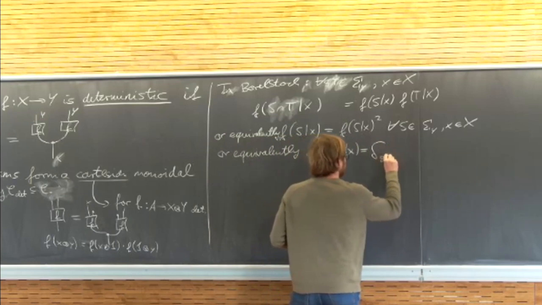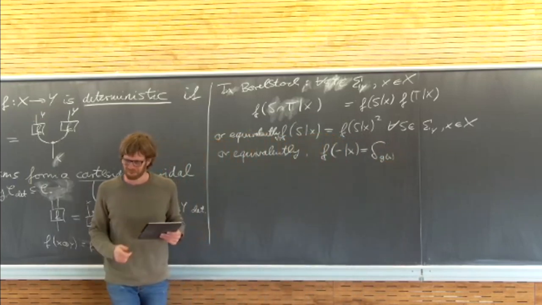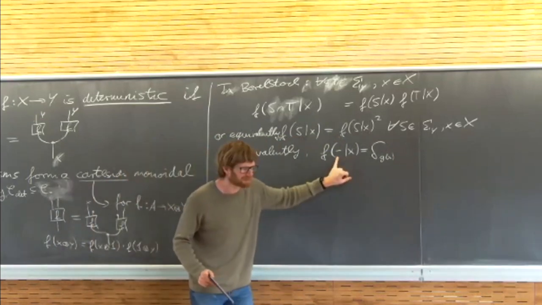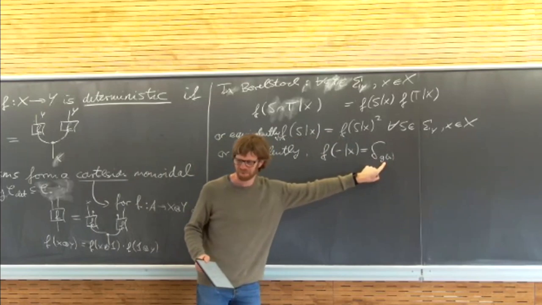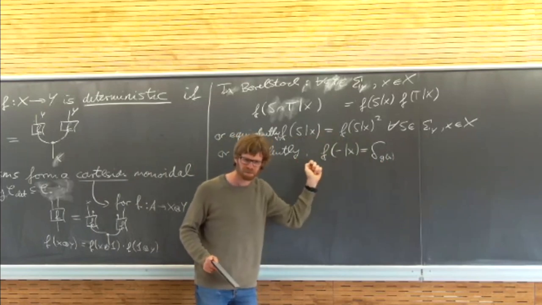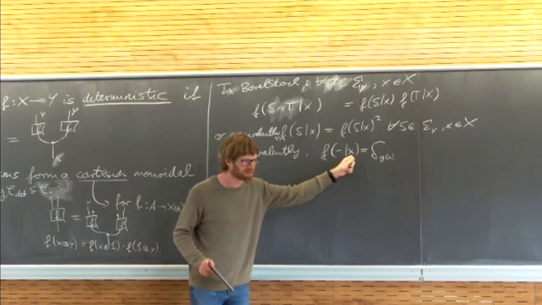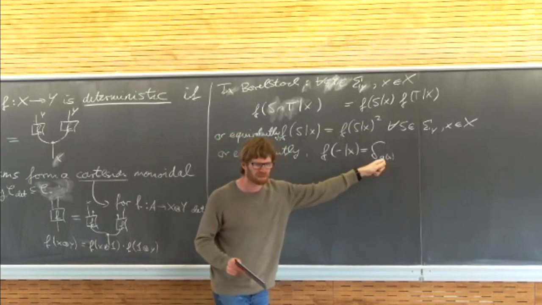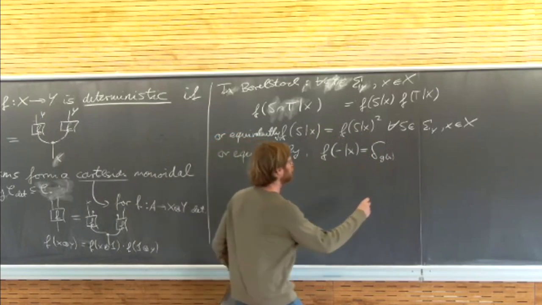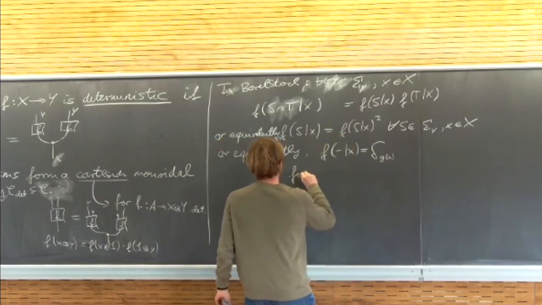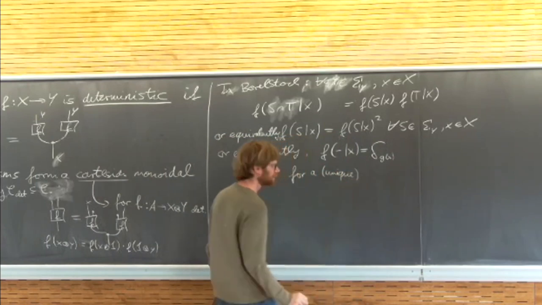So f equals, let me write it like this, delta g of x. For fixed x, the probability measure that we get is a delta at some point g of x. Because of the measurability assumption that a kernel is supposed to be measurable in x, this g is now an actual measurable function, and as I said, also unique.